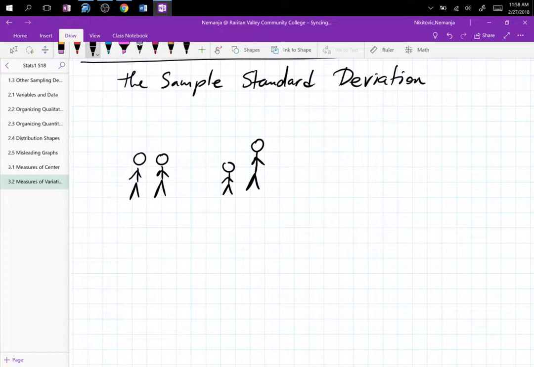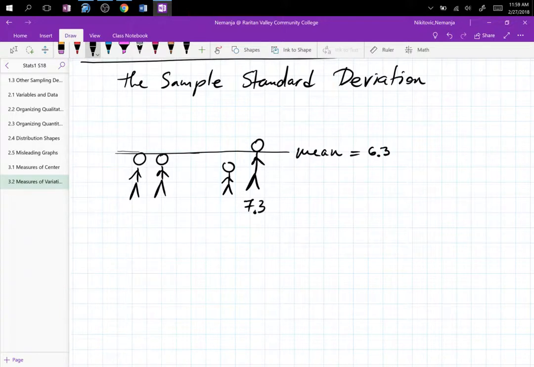The average here, the line that I'm drawing now, the mean, might be, let's say, 6.3 for both. But if this guy over here is 7.3, well, that's an issue. That's 6 feet 3 inches.